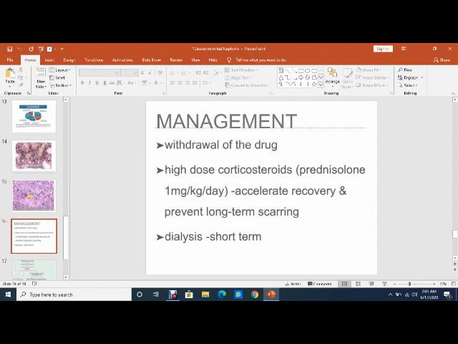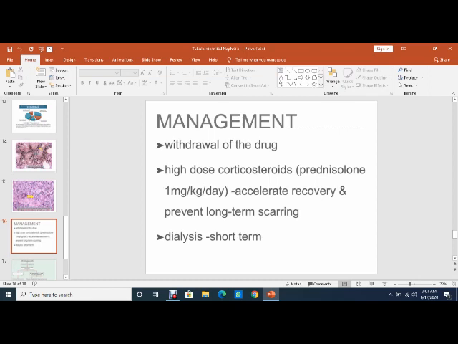Now regarding the management, these patients can present with acute renal failure or with allergic interstitial nephritis. So we should always take the history. If the causative factor is a drug, we should stop the drug.